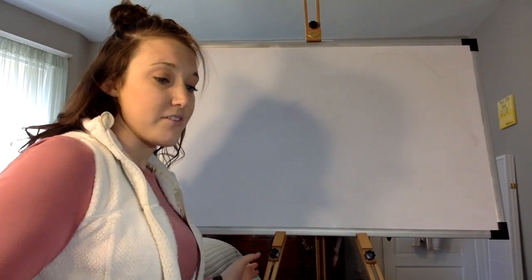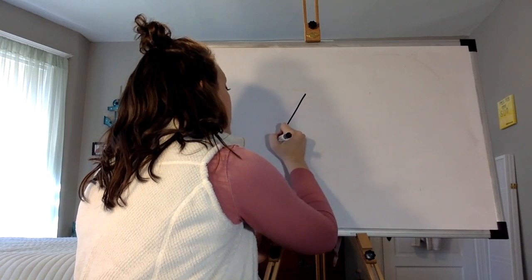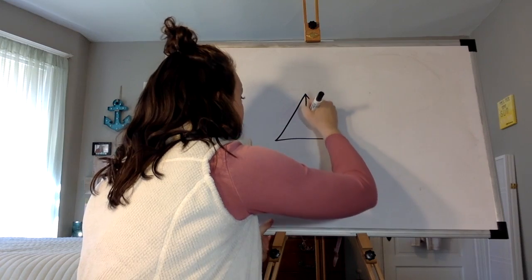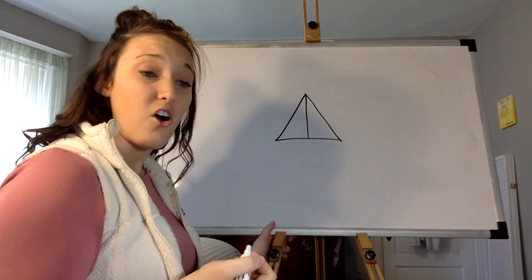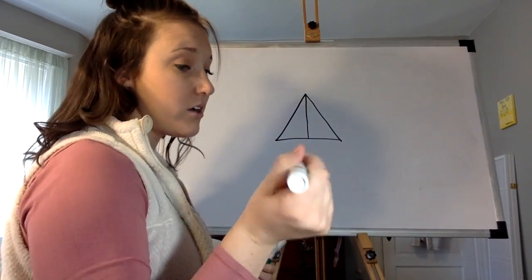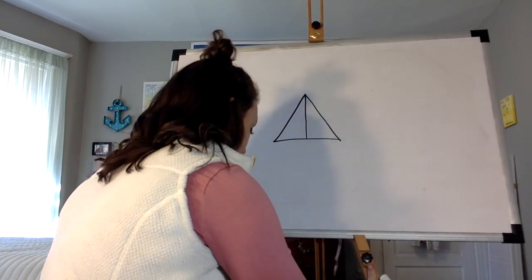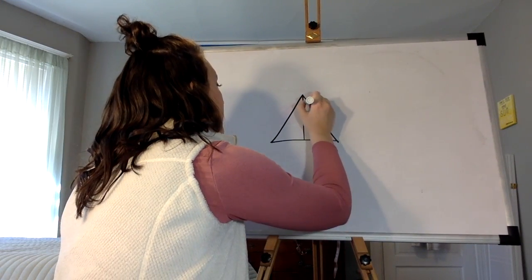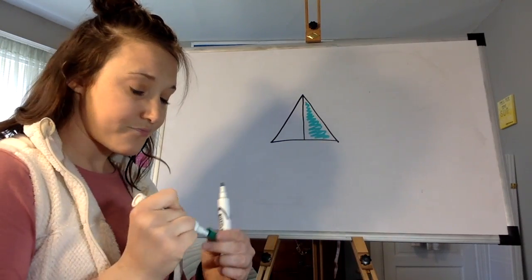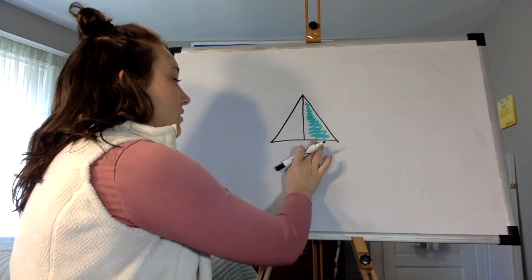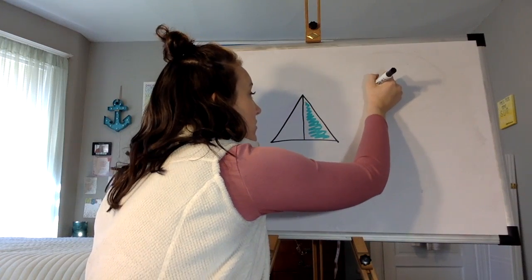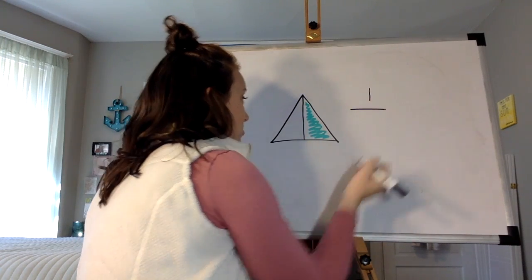So the next one we have is a triangle. And when it's split or divided equally into 2 sections, they're called halves. And in the book, we're looking at this part of our fraction. Okay, so the one equal group that we're talking about, 1, fraction bar.